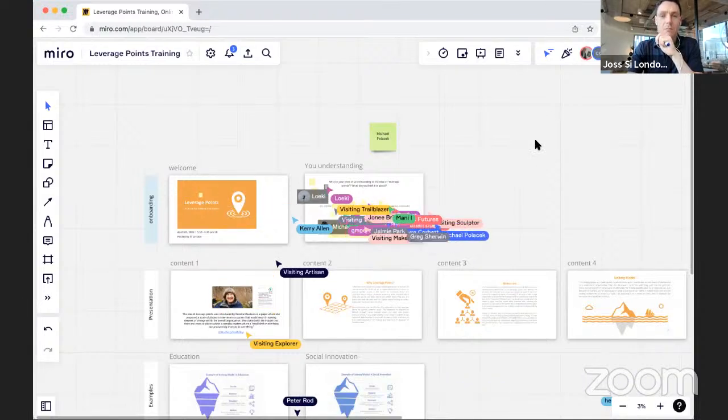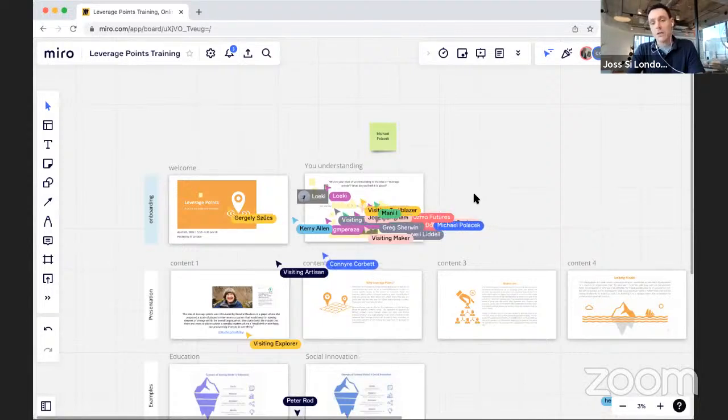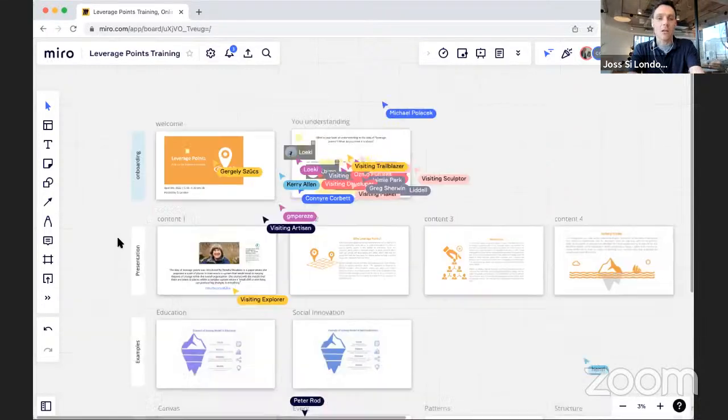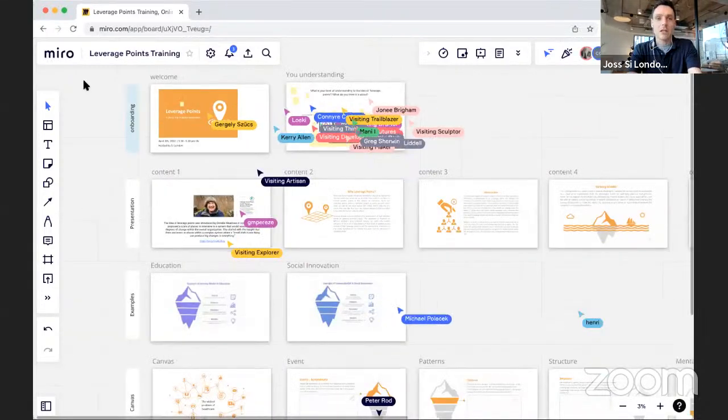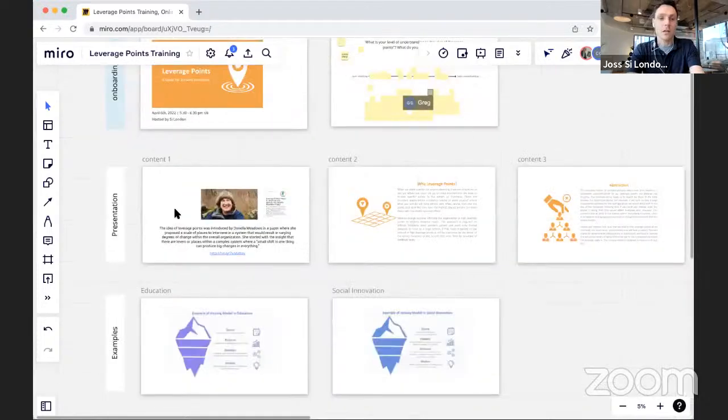We've looked at many different models. And we're at the stage now where we've already thought about the system and mapped it out, and now we're thinking about places to intervene. That's where we are. So let's jump straight in and talk about what this is. Okay, so here we are.